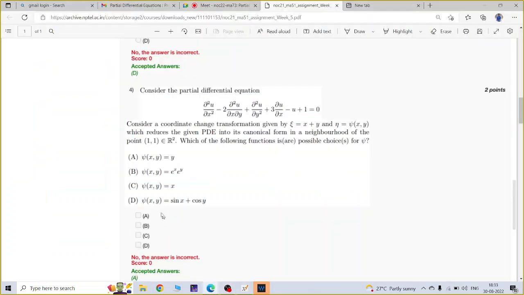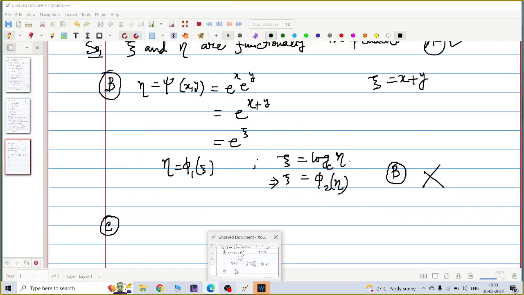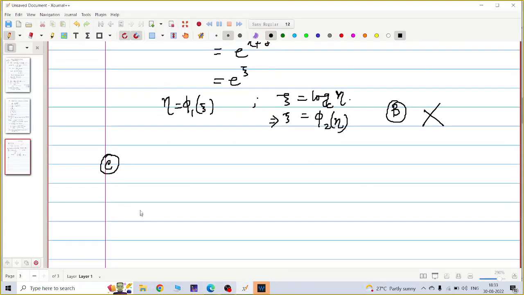Okay, so now I move to option C. Option C is eta is x, so it is same as y. Let me take psi, eta, that is x. Okay, so what is the Jacobian? Xi is x plus y, so 1, 1. What is this? 1, and this is 0, right? So what is the determinant?